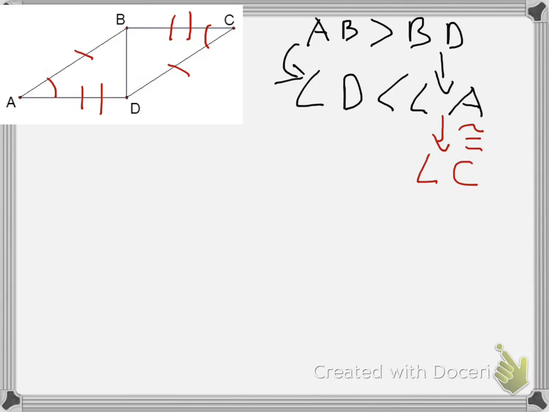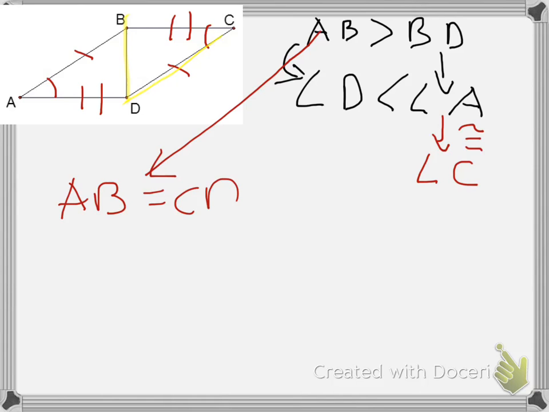So they're asking us to compare CD and BD. Well, we already know that AB equals CD, and AB is bigger than BD.